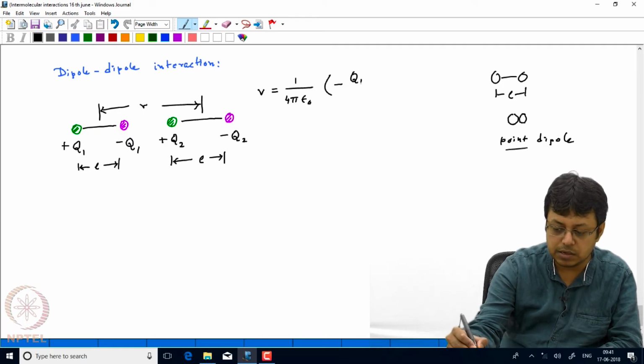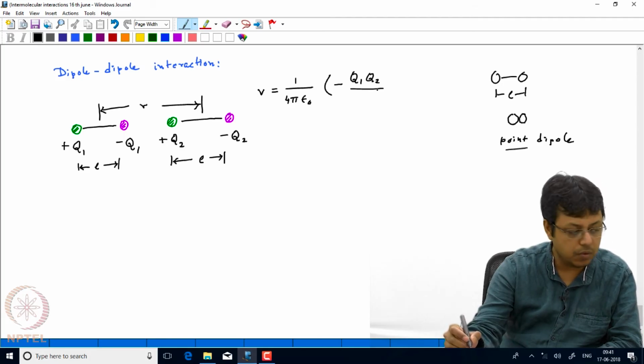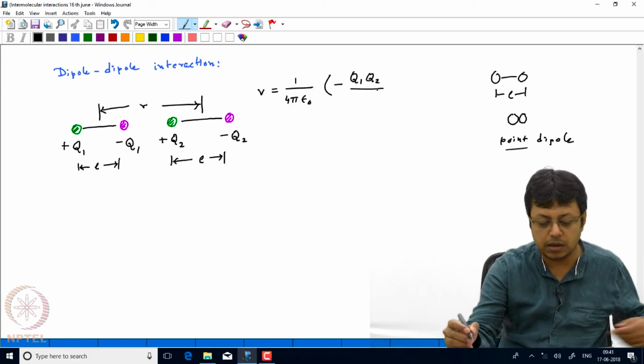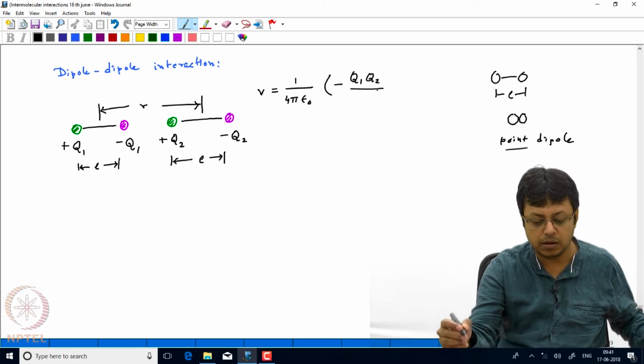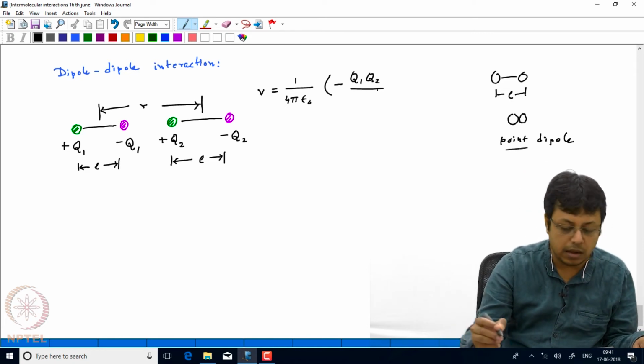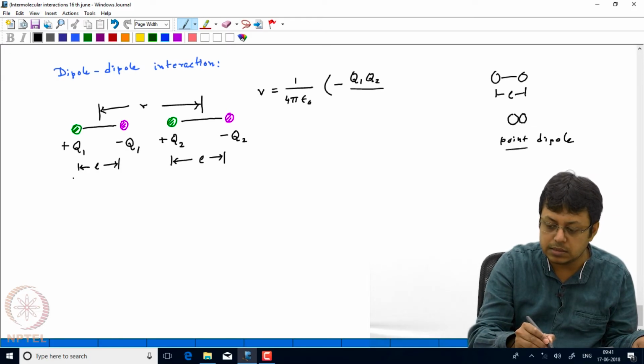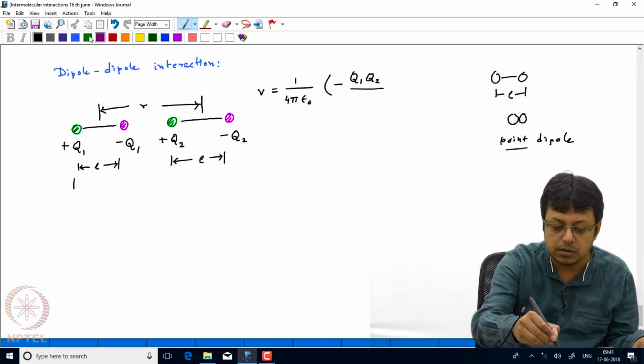So, it will be minus q1 q2 divided by the length, and the length in this case, if we use the q1 q2 notation, I have r here, and then it will have plus q1. Let us first do this interaction.